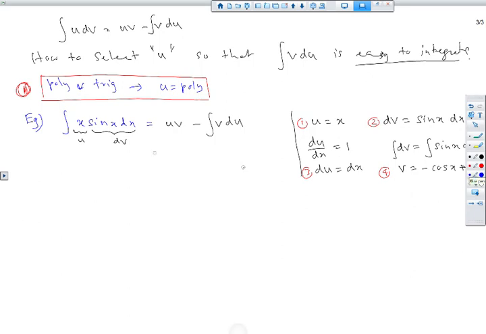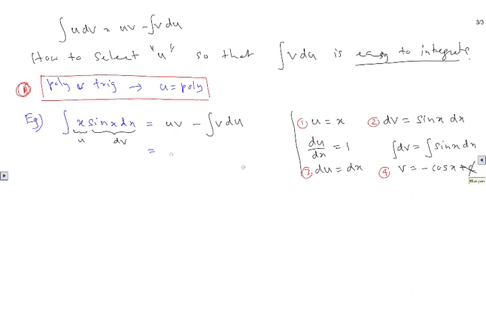So let's substitute. What is u? u equals x. What is v? Negative cosine, so I put the negative sign in front. Negative cosine x, minus, and then v, that's again negative cosine, and du equals dx.